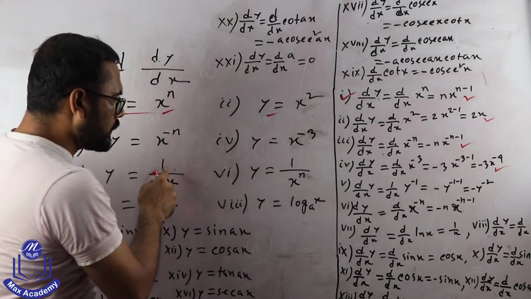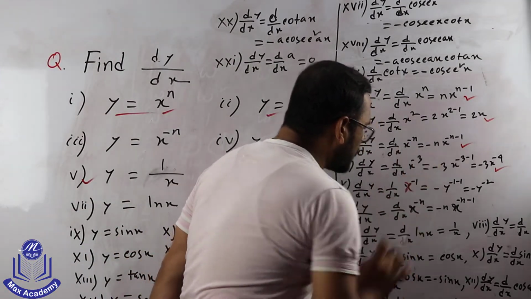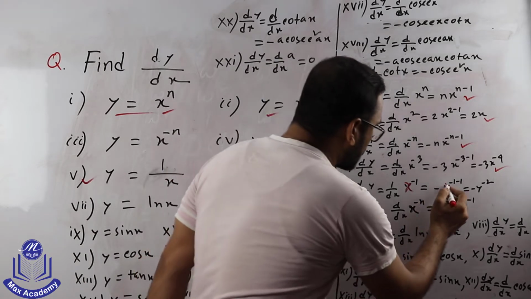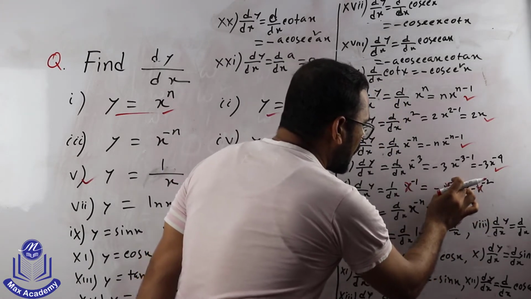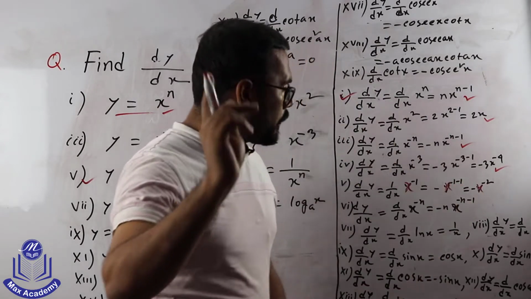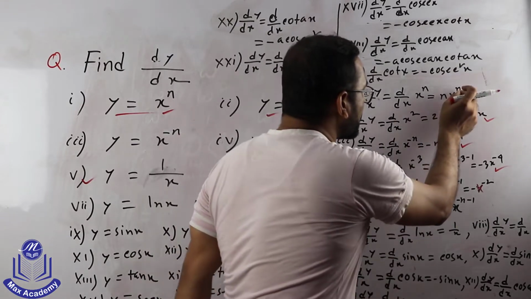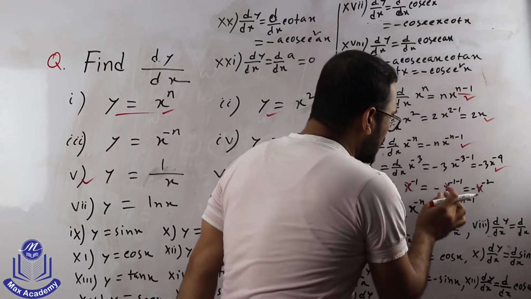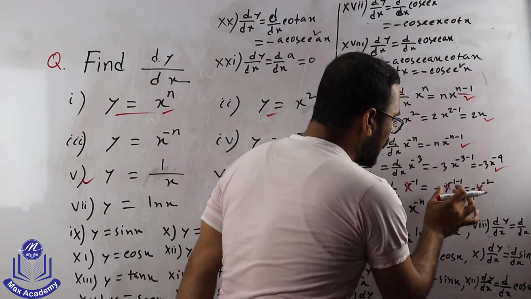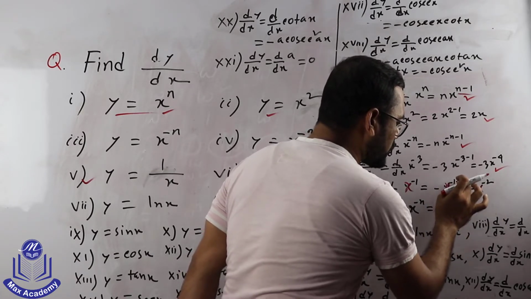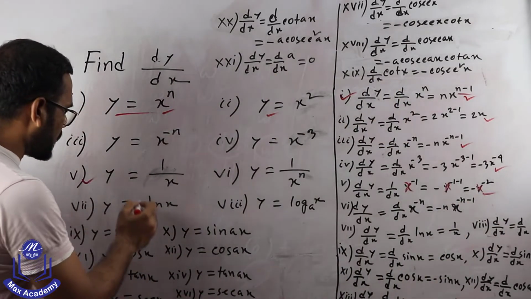Here 1 by x, so it will be x to the power minus 1, and the value of n here is minus 1. So just by replacement of this n, we can easily write minus x to the power minus 1 minus 1. It will be minus x to the power minus 2. So this is the result of this question.